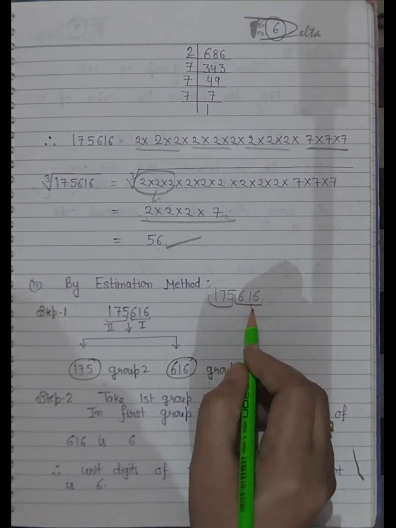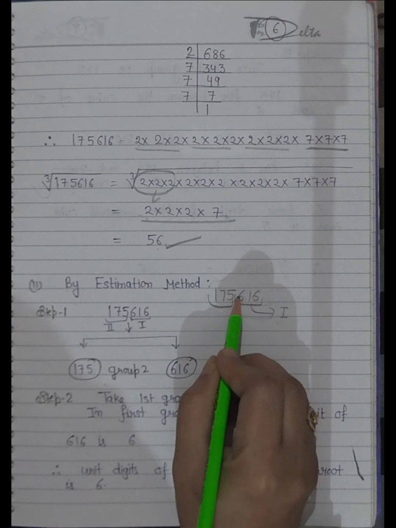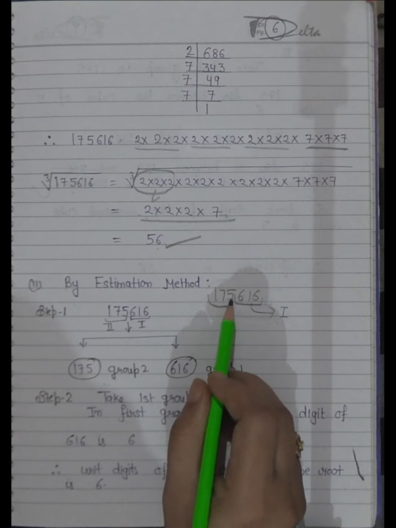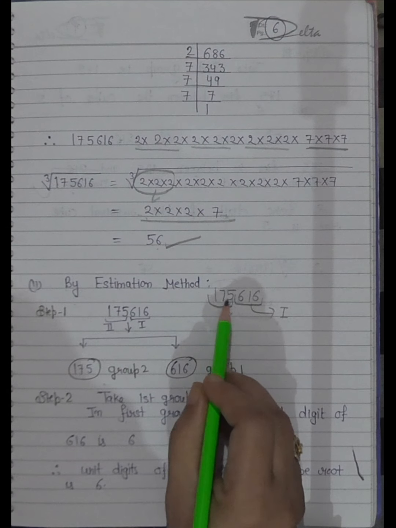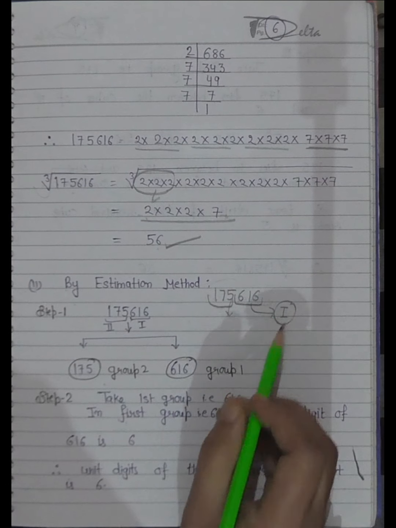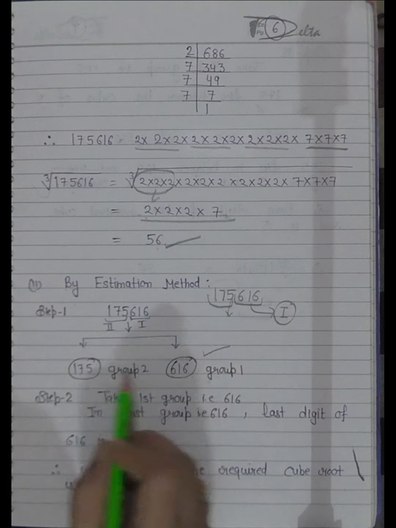It is compulsory that in the first group there must be 3 digits. In the second group it may be 1 digit, 2 digits, or 3 digits, but in the first group there should be 3 digits. It is compulsory. So there are 2 groups.